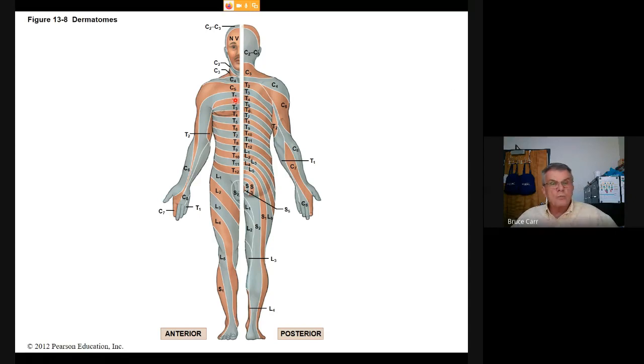So these dermatomes are often referenced. Their shape is affected by the presence of skeletal elements that can support them, like the ribs. You'll notice the clavicle and the shoulder blade are all skeletal elements.